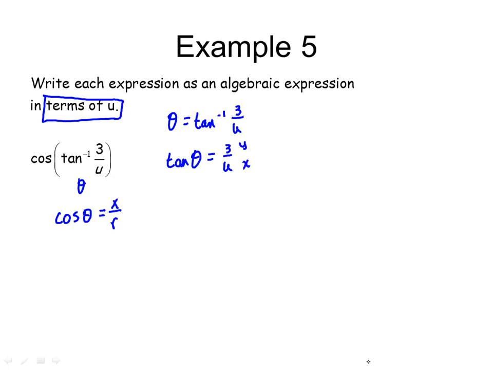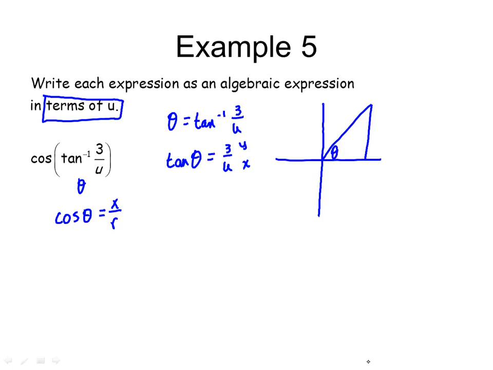So let's draw. What quadrant are we in? When we're talking about tangent inverse, it has to be in quadrant what? Tangent inverse has to be in quadrant 1 and 4. Since it's positive, we're going to be in quadrant 1. So we're up here somewhere. So here's your theta.